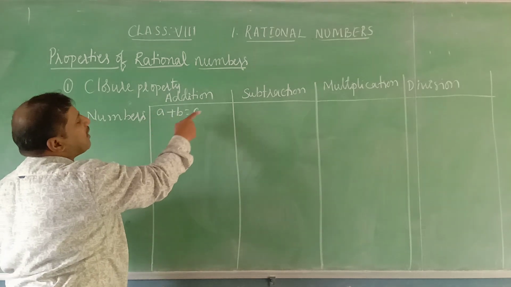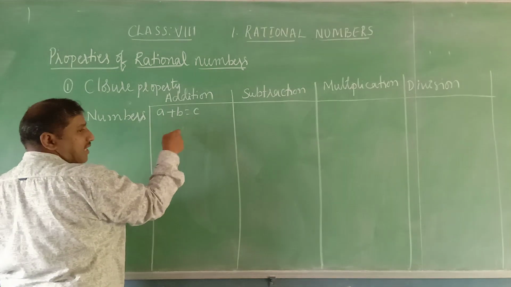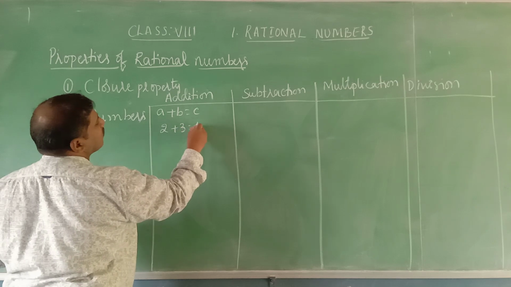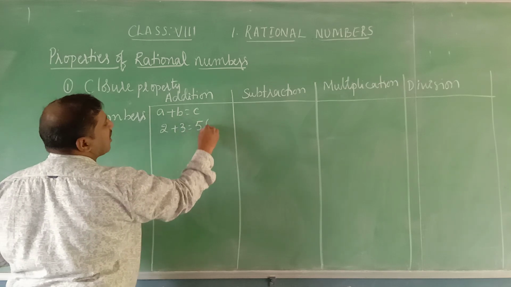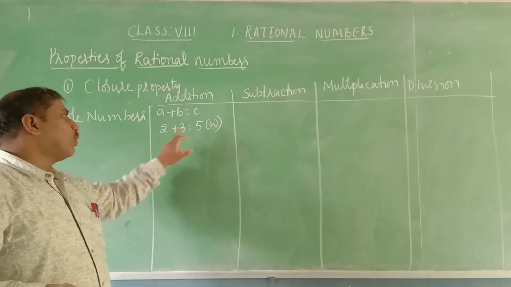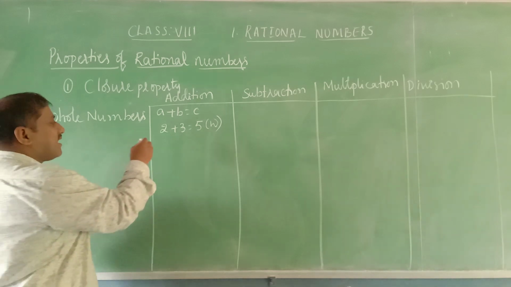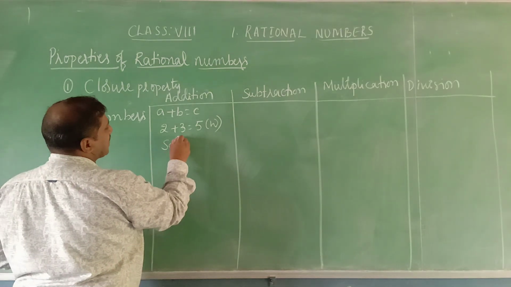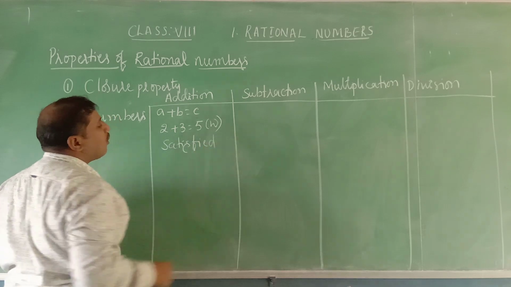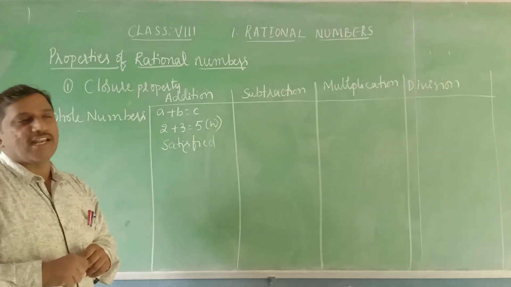Take two whole numbers 2 and 3. 2 plus 3 is equal to 5. Is 5 a whole number or not? Yes, 5 is a whole number. That is, by adding two whole numbers, the sum is also a whole number. Therefore, closure property is satisfied by whole numbers under addition.